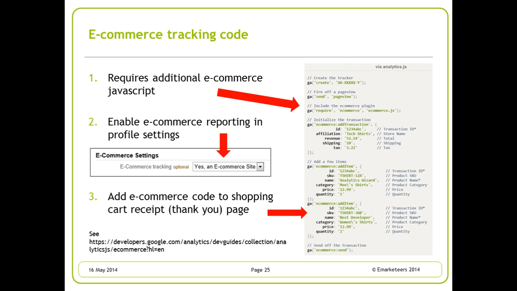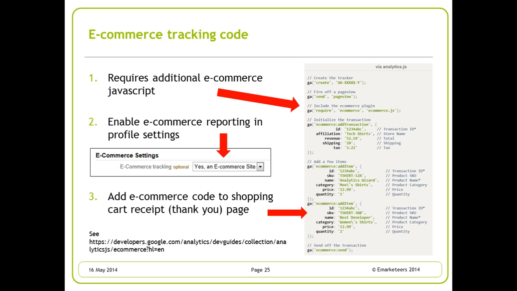In order to switch those reports on in your Google Analytics interface, you need to tell Google that yes, my site is an e-commerce site, and secondly, you need to implement this e-commerce tracking code on the thank you page of your e-commerce site.